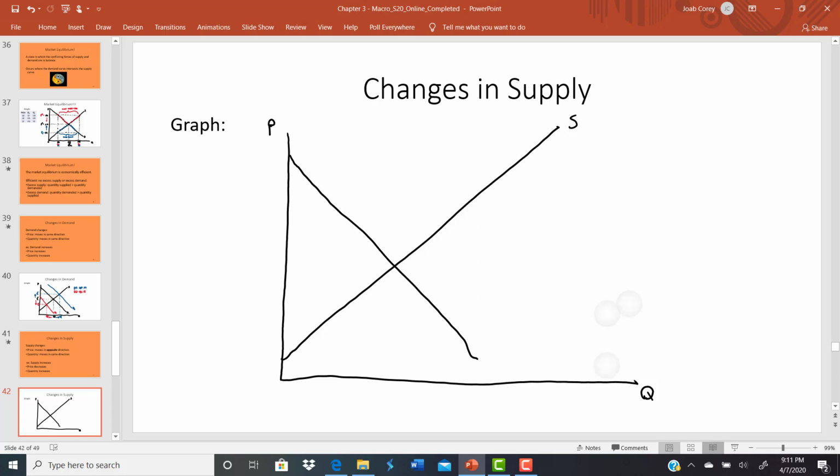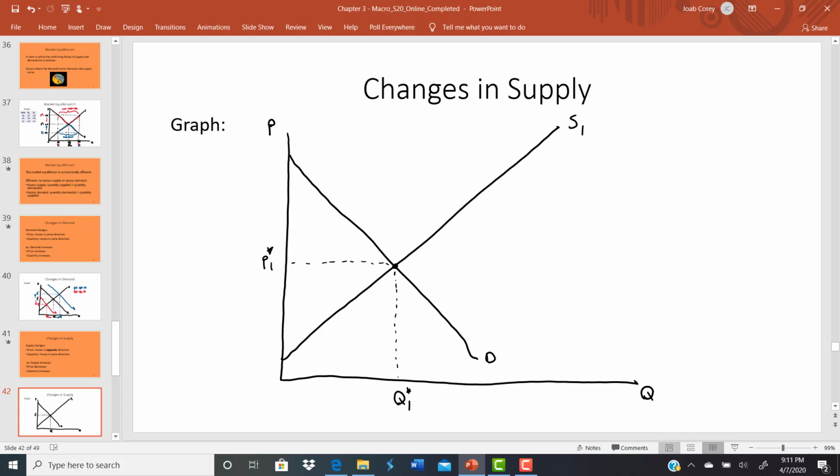You got a downward sloping demand curve, because again, people like to buy more at lower prices. And there's that point where those two curves intersect, where those two conflicting forces are in perfect harmony. Again, we'll call that equilibrium quantity, or Q star 1, and equilibrium price, P star 1. I'll go ahead and call this S1 because we're going to put some other supply curves on this graph.